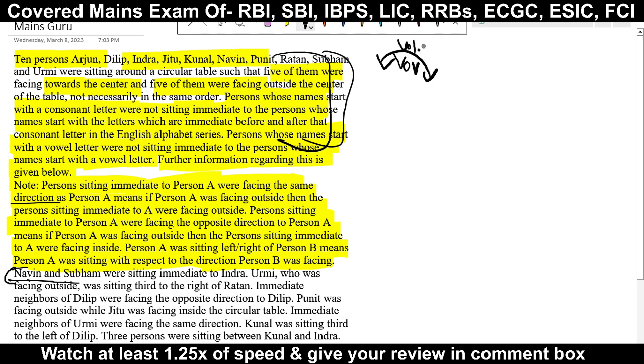And one more condition was that consecutive alphabets, consecutive consonants, will not come together. Like just see A, D, okay. Here there is a gap between A and D. If you count A, B, C, D, there is a gap.